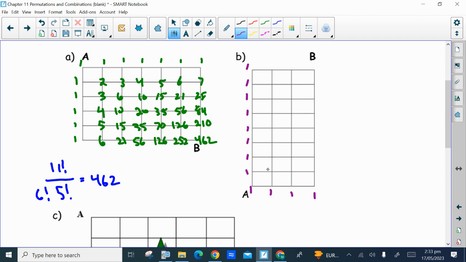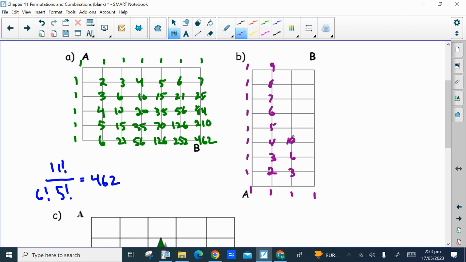But we can just use Pascal's triangle. That same pattern of numbers. To get to this point here, you can either come from the left or below, so you'll add those together. To get to this point here, you can either come from below or from the left, so you'll add those two numbers together.